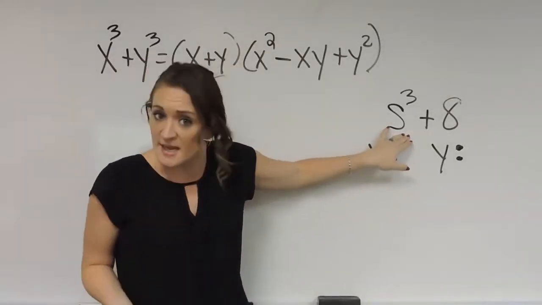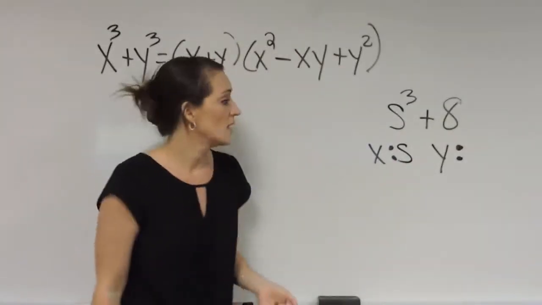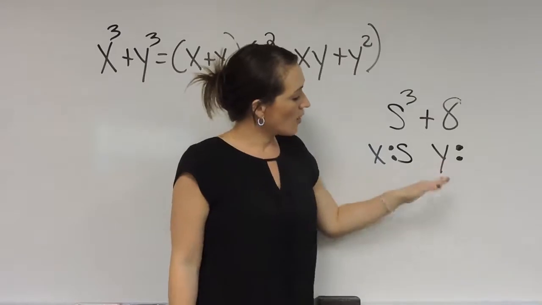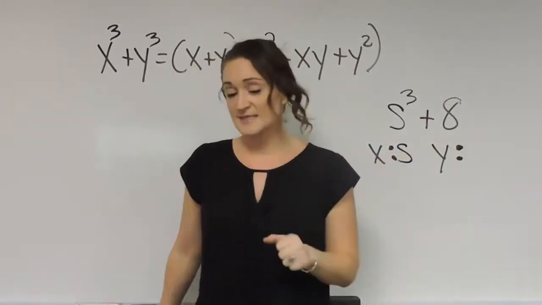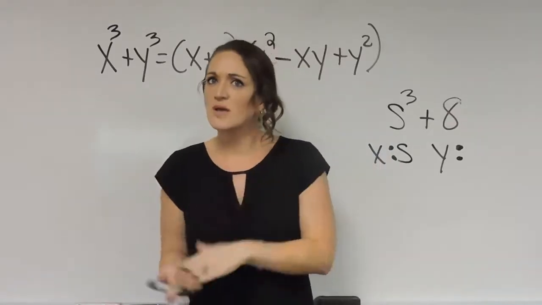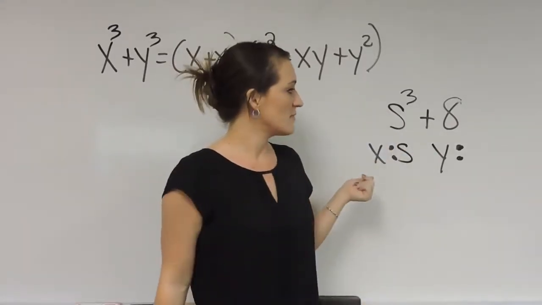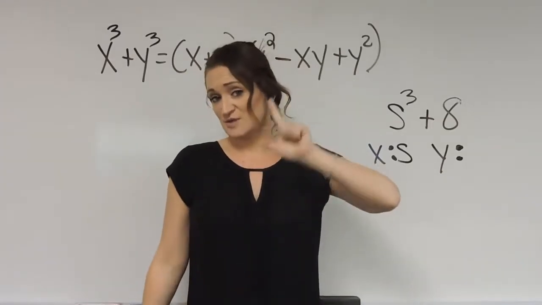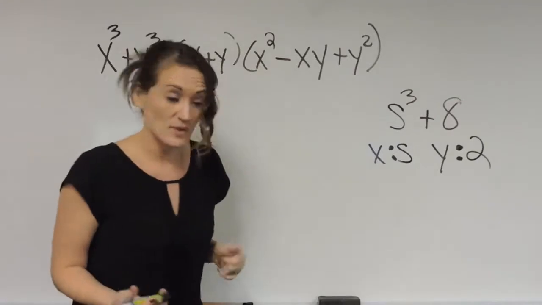The only way to get an s cubed is an s times an s times an s. Then looking for our y is what times what times what is this 8. 1 times 1 times 1, 2 times 2 times 2, and so on. Now 8 is fairly small. 8 is actually a 2 times a 2 times a 2. So my y is 2.